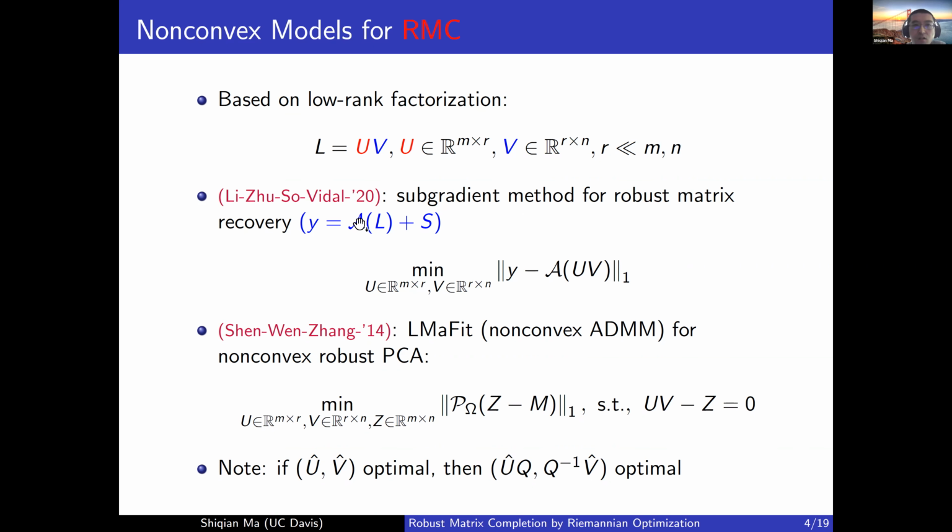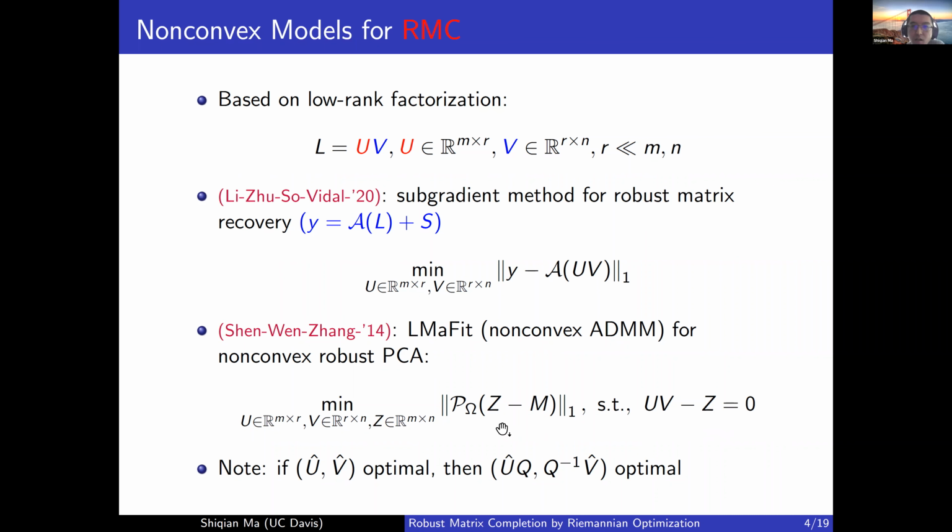Right. So actually, this low rank factorization idea goes back to some earlier works. For example, this method called L method models the following non-convex robust PCA problem. So let's see. Here, I use Z as an approximation to the low rank matrix L. Then I just decompose this low rank matrix Z as the factorization, right?